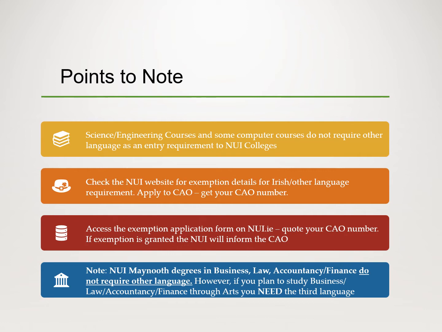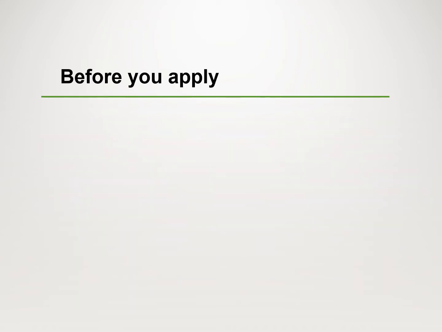And please note that at NUI Maynooth University, their degrees in business, law, accountancy and finance do not require the other language. However, if you plan to study business, law, accountancy or finance through the arts degree, you do need the third language or other language as it's sometimes called.